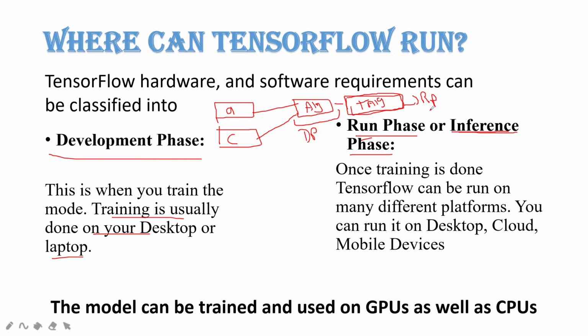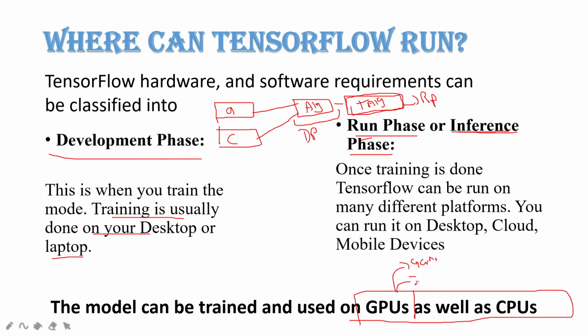TensorFlow can run on many different platforms: desktop, cloud or mobile devices. The model can be trained using a GPU as well as a CPU. This is important. Mostly the GPU is used for gaming purposes, but now it is not only used for gaming, we can use it for training the algorithm.